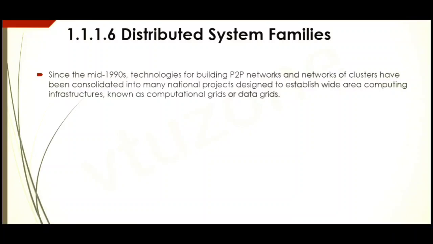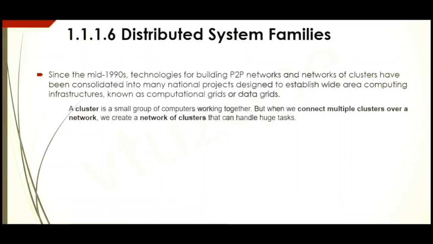For example, a computational grid is like a network of universities sharing supercomputers to run advanced research projects, right? SETI at home is a real life example where people share their home computers to help search for alien life.